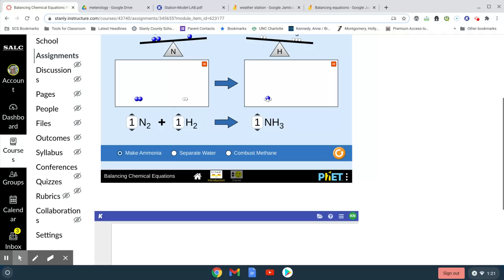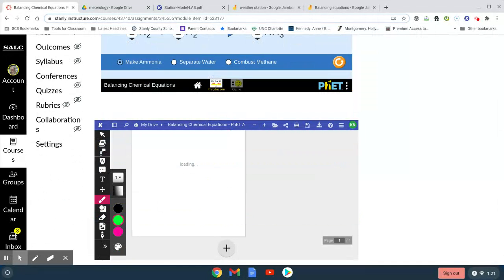So when the worksheet loads, you will have a box where you will be putting the numbers in, and a box where you will be drawing your little pictures. You can sort of see mine loading.